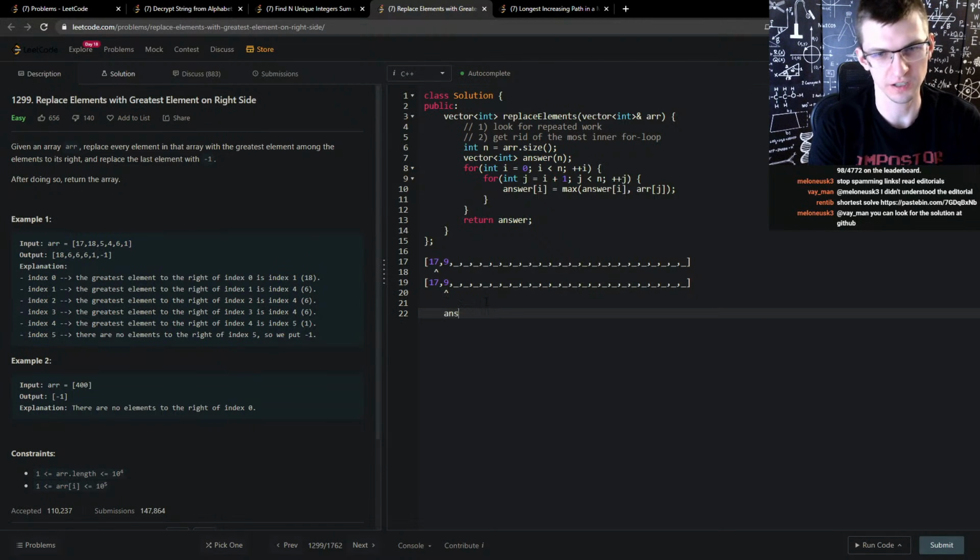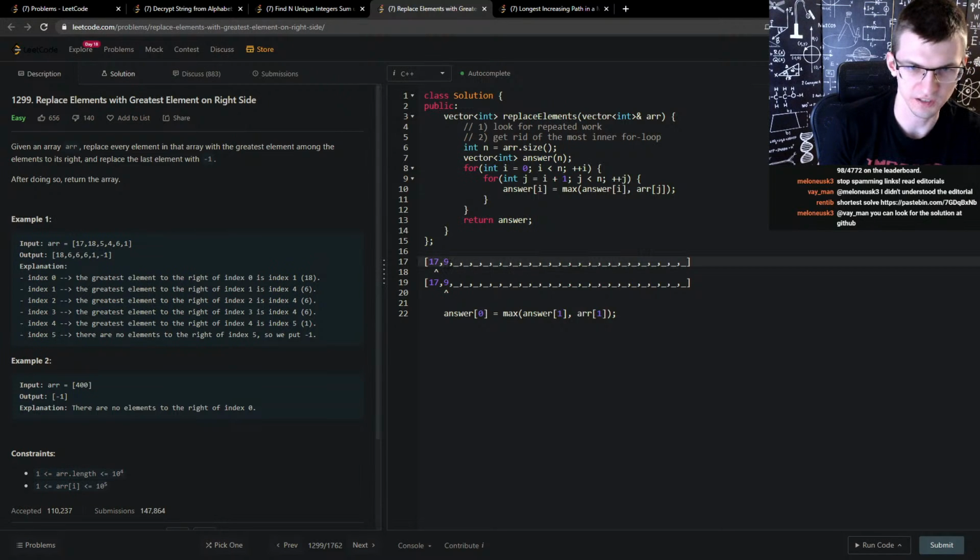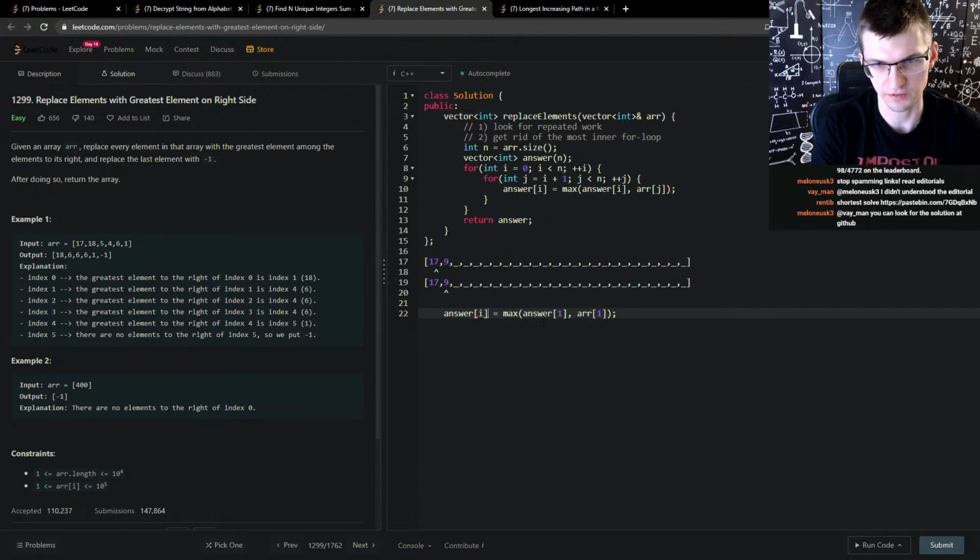So from this you get something like that. Answer for 0 is max of answer of 1, comma, array of 1. The answer of 0 is the maximum from 0 to the right without 0. So this says take the answer, the maximum only for this, and also consider this element. But this is a general formula that works for every I.